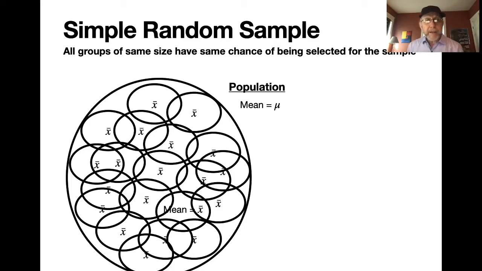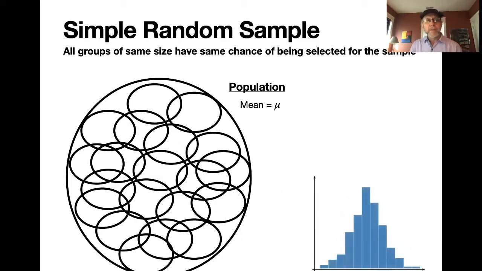One way to get an idea about this is to take all the X bar values that could be generated from all the different samples and throw them all into a histogram. So that's what we've just done. That histogram that's formed out of all possible X bar values is called the sampling distribution of X bar.